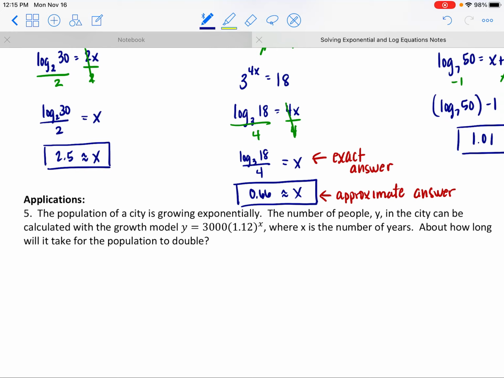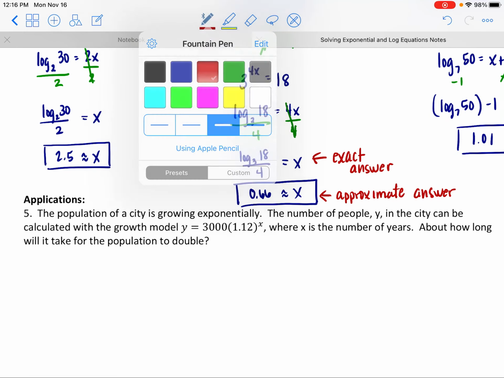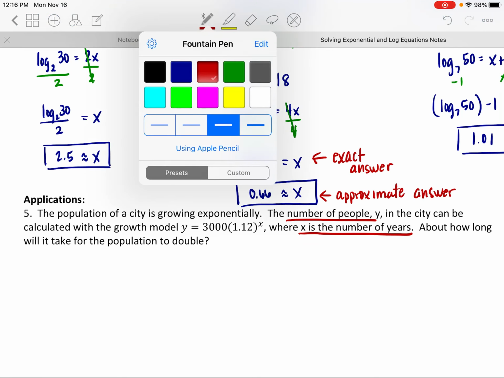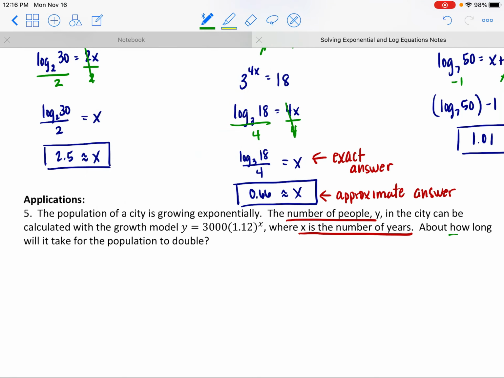It says about how long is it going to take for this population to double? So it says here that y is the number of people, and that x is the number of years. So it's asking you how long, that means we want to figure out an x value, for the population to double.